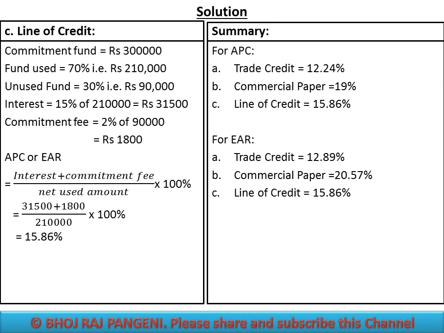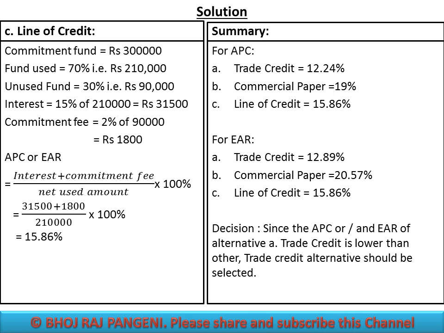The trade credit has the lower EAR. So since the APC and EAR of alternative A, trade credit, are lower than the others, the trade credit alternative should be selected. The lower value should be selected because it's all about cost, and low cost is our motto. If the company uses the lower cost, then the company can get more profit.